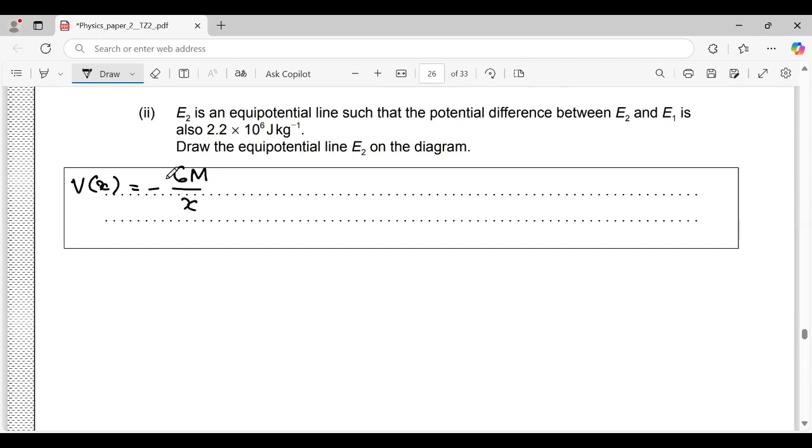This is the gravitational potential at a distance x. So this is the distance from P to E2. So we need to determine first the distance x, right?